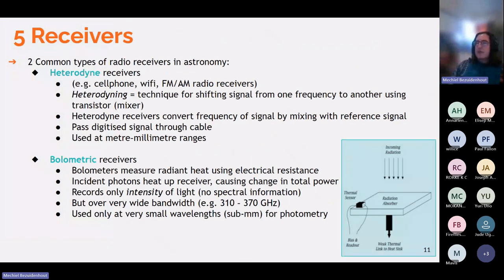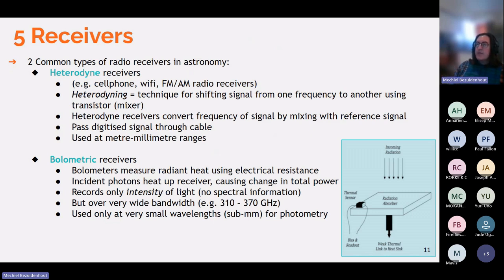So let's talk a bit about receivers. In radio astronomy, there are broadly two types of radio receivers. There are heterodyne receivers and bolometric receivers. Heterodyne receivers are the typical kind of receiver that you also see in your cell phone, or a Wi-Fi receiver, or FM AM radio receiver. And it's based on a technique called heterodyning, which is a technique for shifting a signal from one frequency to another using a transistor or a mixer.